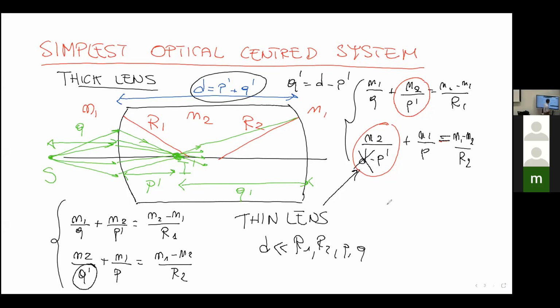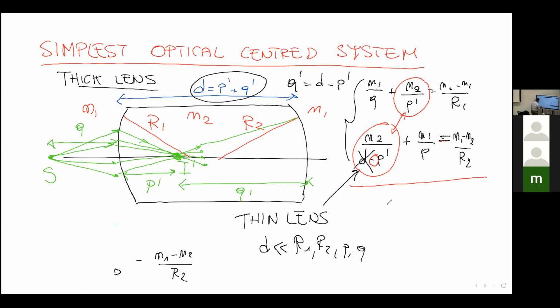Can you hear me? Yes, it's okay. Okay. So you realize that these two terms are the same, but you have a negative sign here. So if you sum up these two equations, these two terms can be summed up to 0.